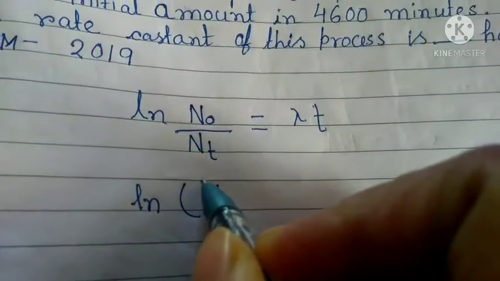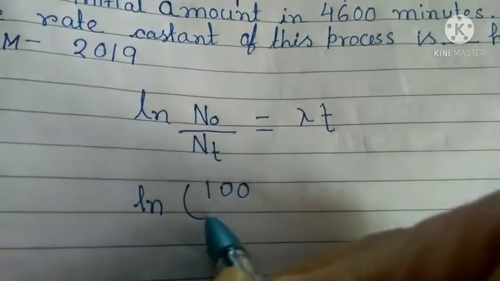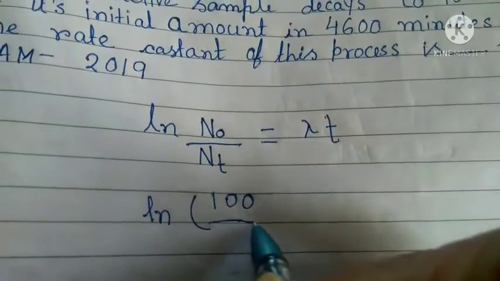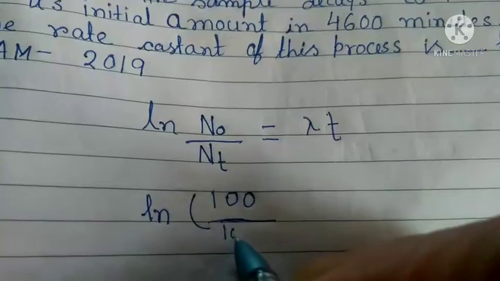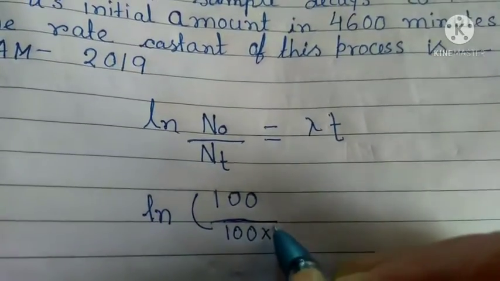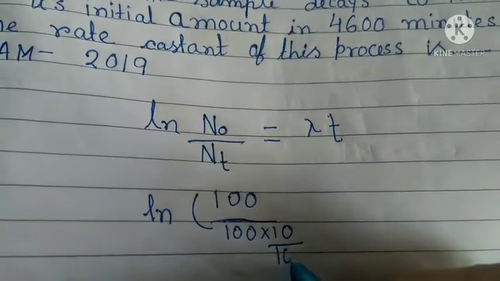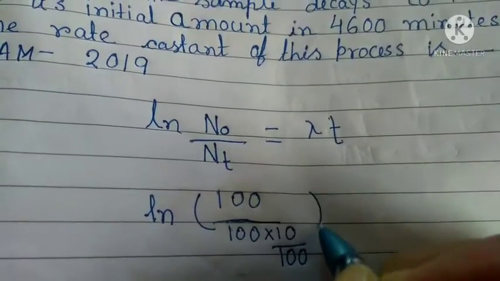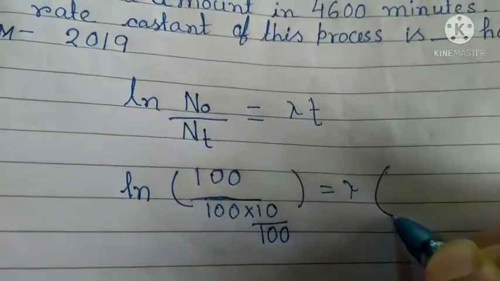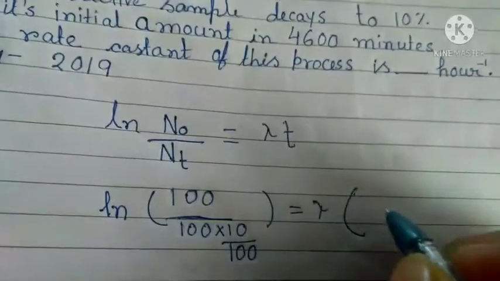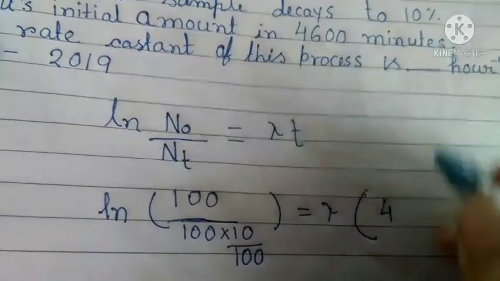If we take N0 as 100%, then Nt is 10%, so ln of 100 by 10 is equal to lambda into t, and the answer should be in hour inverse. So we have to convert minutes into hours.